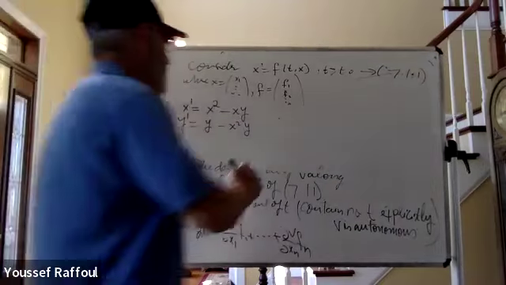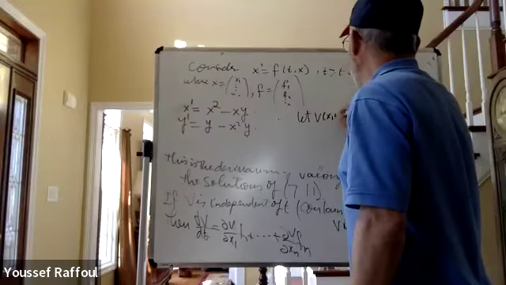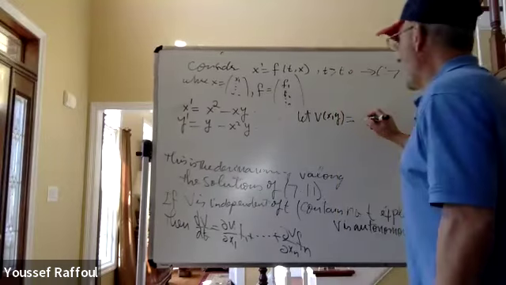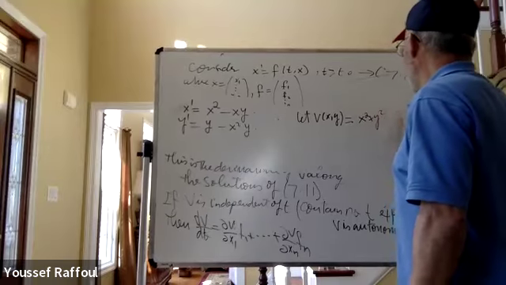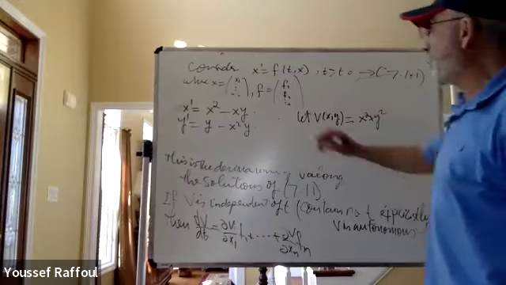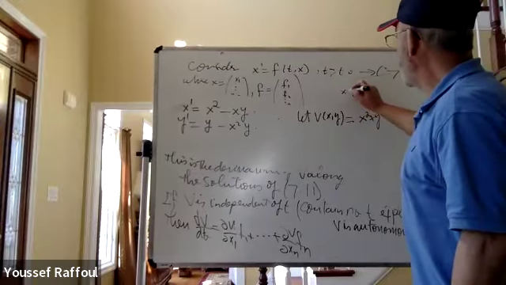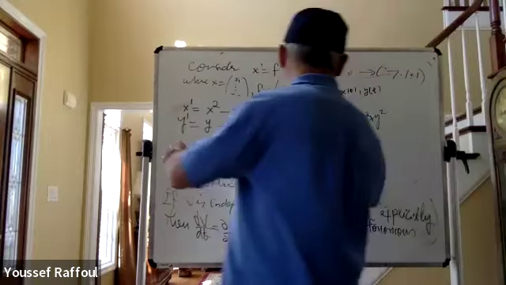Let's say I take V of x, y equal to x squared plus y squared. I'm just coming up with one. Remember x depends on time, y depends on time.